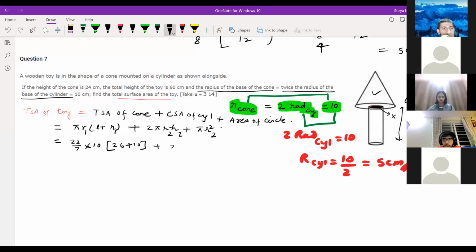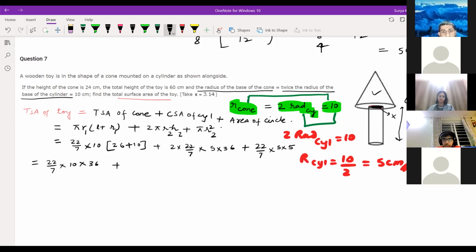Again plus 2 into 22 by 7 into R2 is 5 and H2 is 36, plus area of circle 22 by 7 and radius R2, that is 5 into 5. Now we can write 22 by 7 into 10 into 36 plus... we can't cancel anything again.